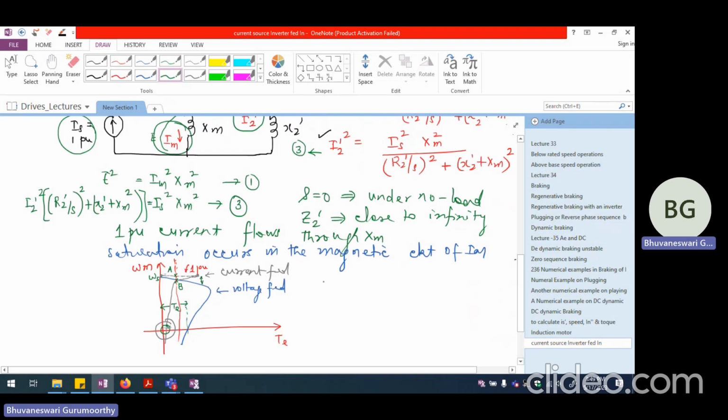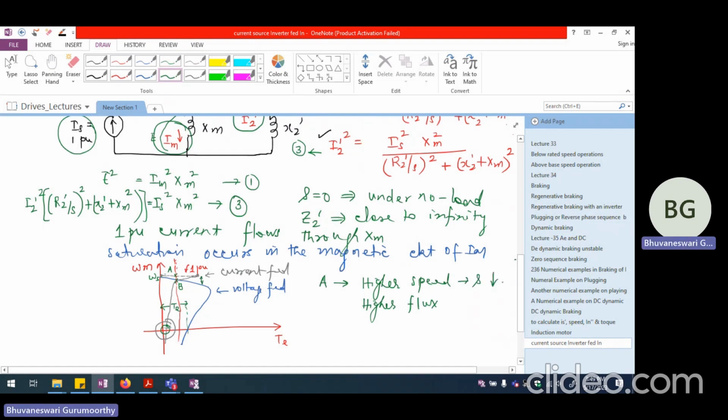So if I examine operating point A, it is going to have a higher speed and it will have a higher flux. Because higher speed means slip is going to be smaller.